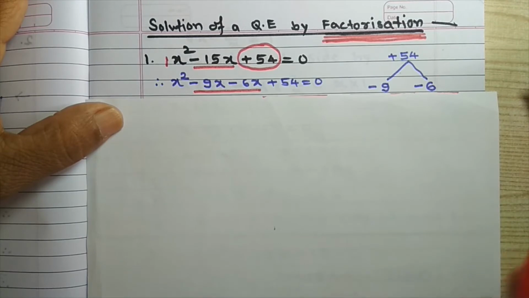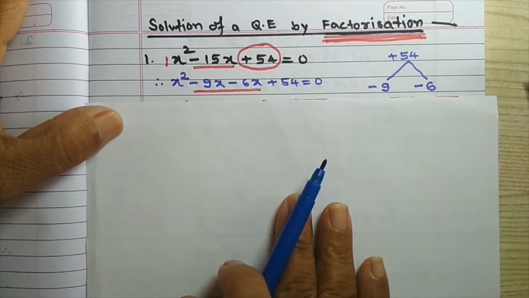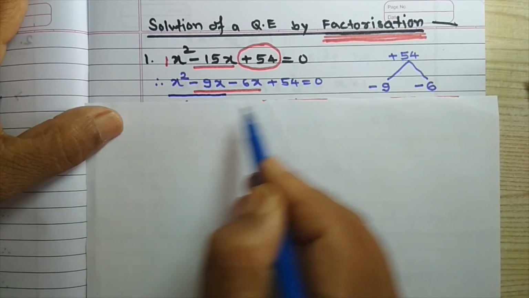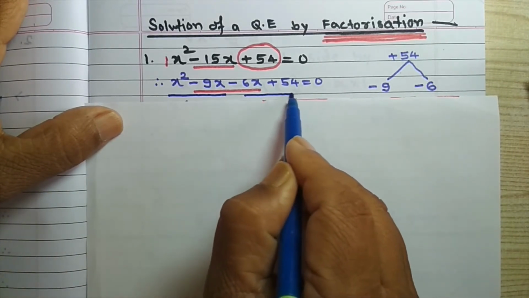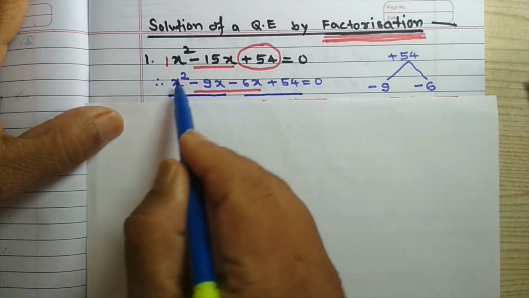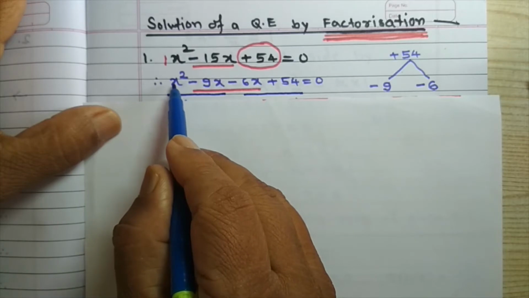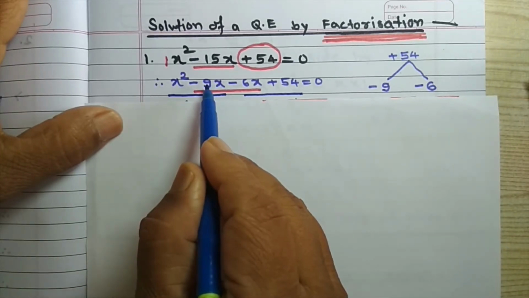Now we have to solve such type of examples. Then we have to take common from the first two terms and common from the last two. In the first two terms, x is the common, therefore in the bracket, x − 9 remains.